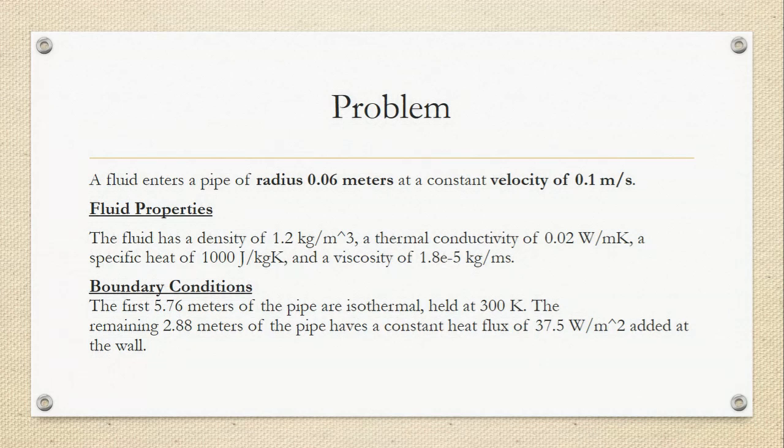The boundary condition that we have is that the first 5.76 meter of the pipe length is isothermal and held at a constant temperature of 300 Kelvin. The remaining 2.88 meter of the pipe has a constant heat flux of 37.5 watt per meter square added at the wall.